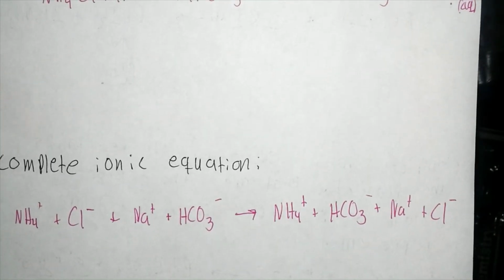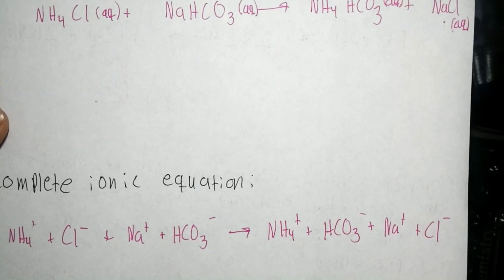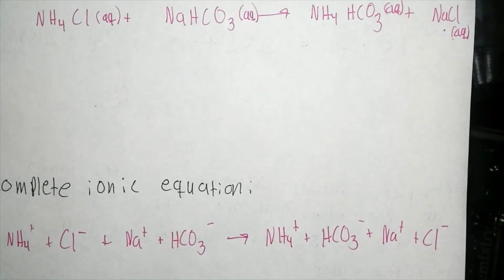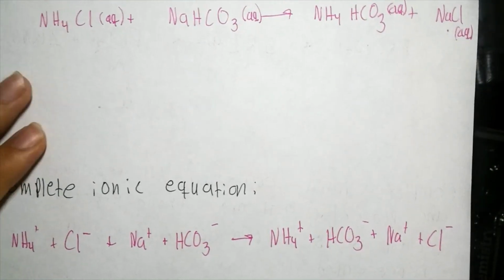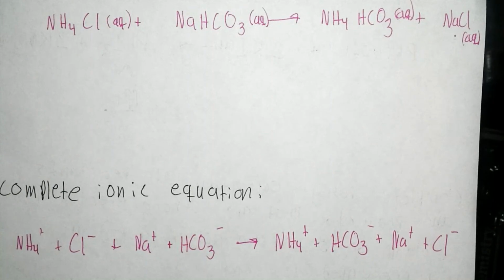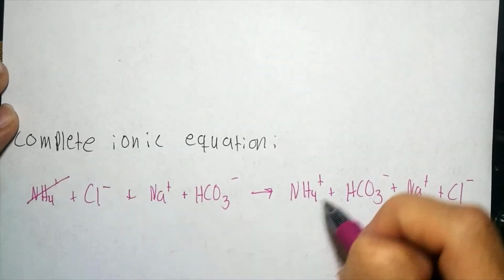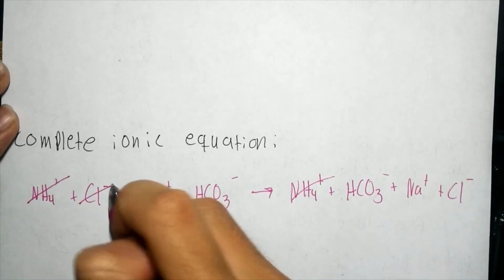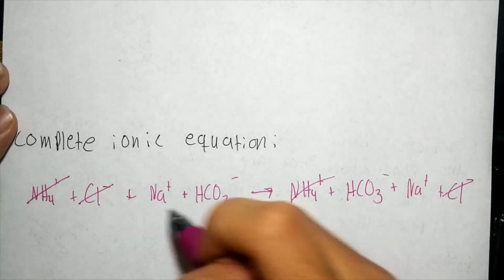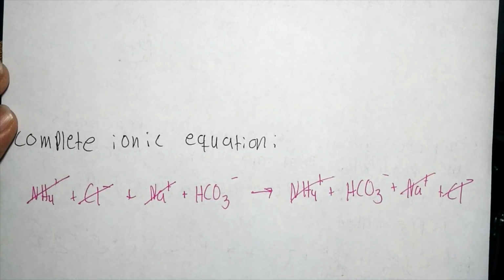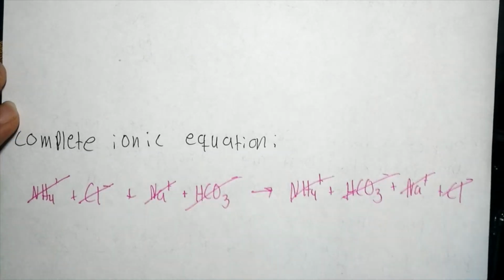Now, if you notice, no precipitate has formed, and the left side of the equation looks exactly the same as the right side of the equation. So you could actually cancel out all of these ions. So ammoniums get canceled out, chlorides get canceled out, sodiums get canceled out, and bicarbonate gets canceled out.